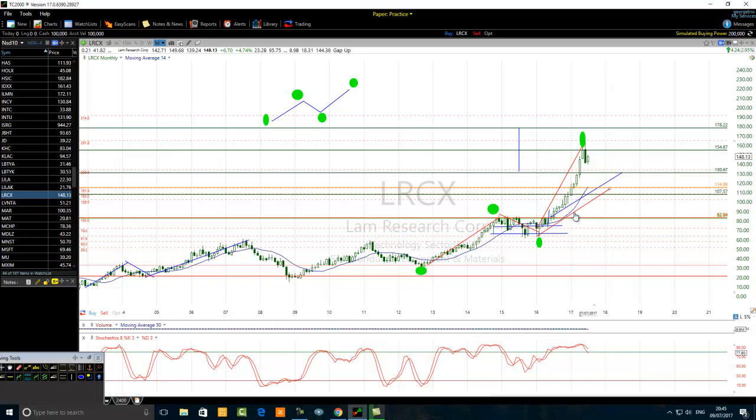If you put it at the point C, your target will be the orange line here. But if you put it on top of the consolidation, your target will be somewhere in the zone of the $130 level. You can see that the distance from C to D is longer than the distance from A to B, but still we have the A, B, C, D chart pattern.